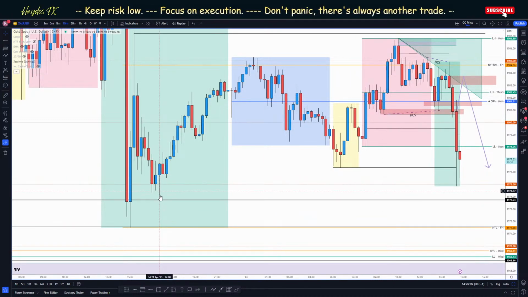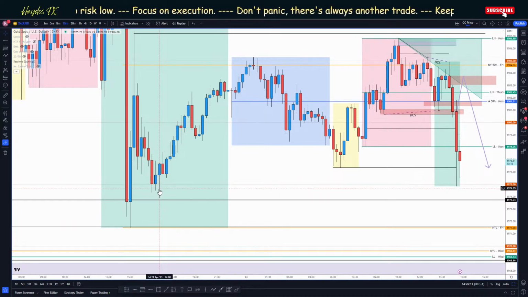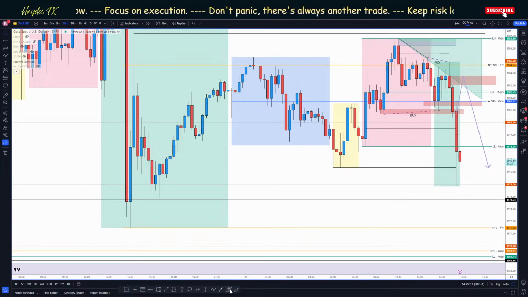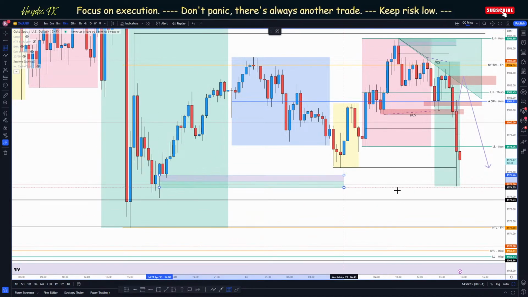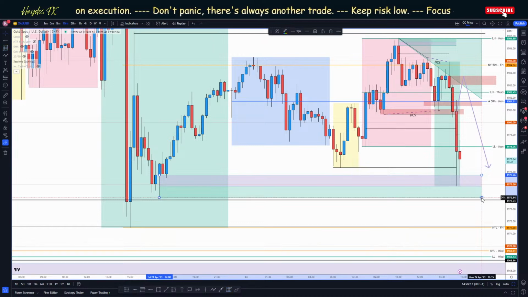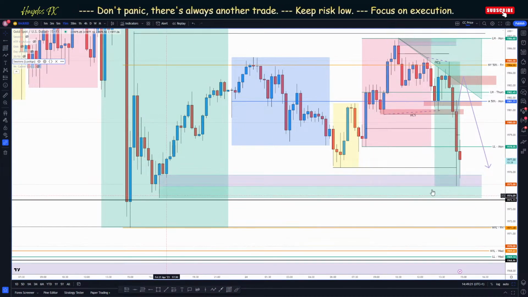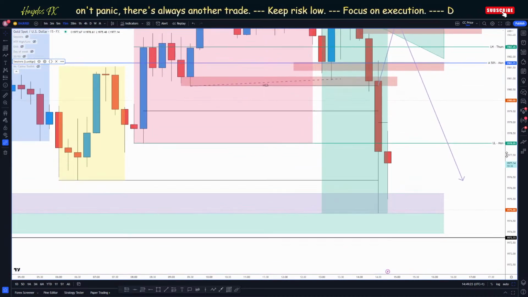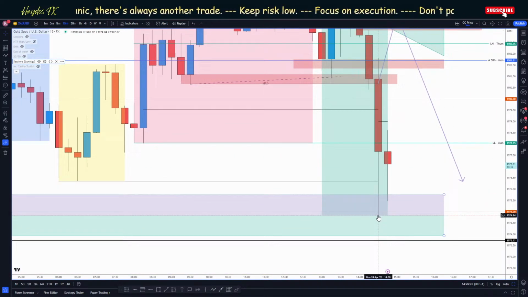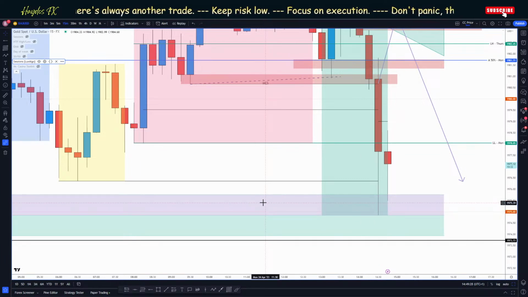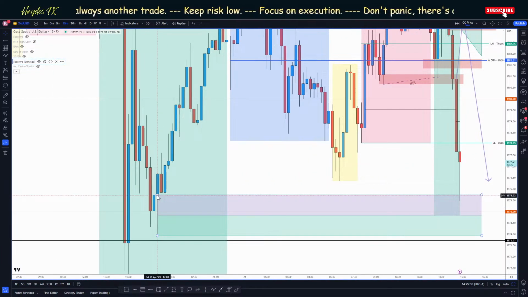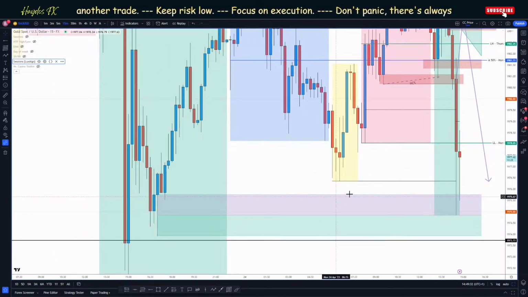Over here, 15-minute candle. Liquidity candle, didn't see it. 50%. Did I talk about this 15-minute candle? Or were you talking about the doji?